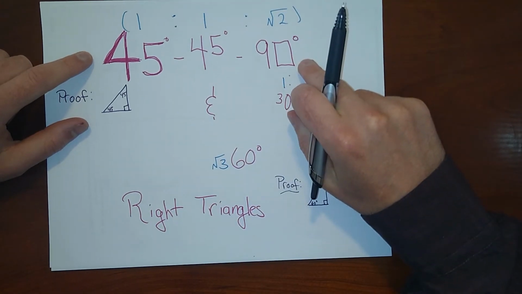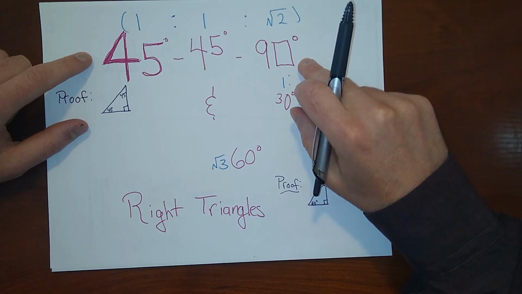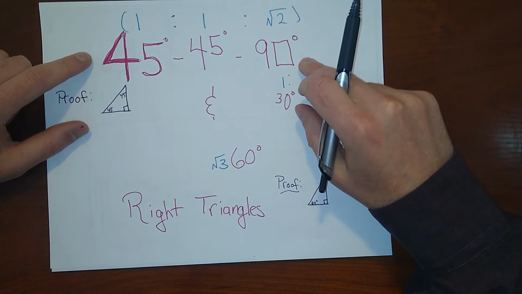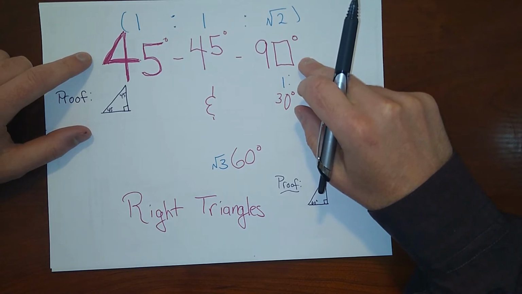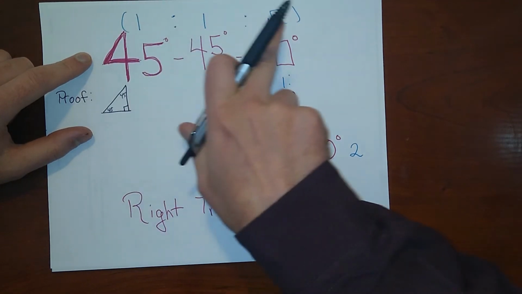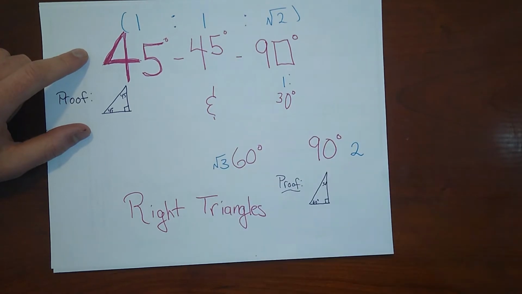And in similar triangles, the ratios between the sides are always going to be the same. There's going to be proportion there. So it turns out that in 45-45-90 degree triangles, the ratio is always 1 to 1 to the square root of 2. And we can prove that this is the case.